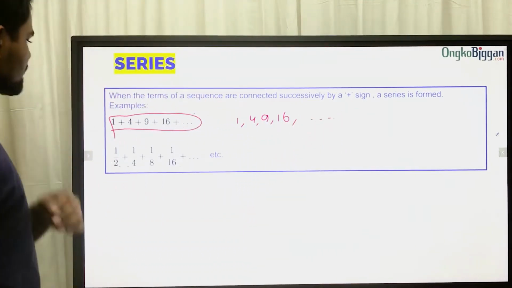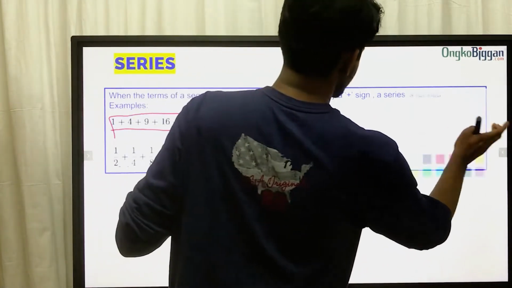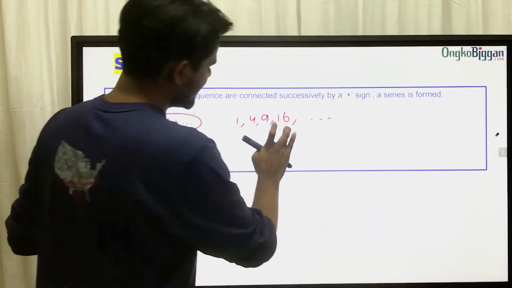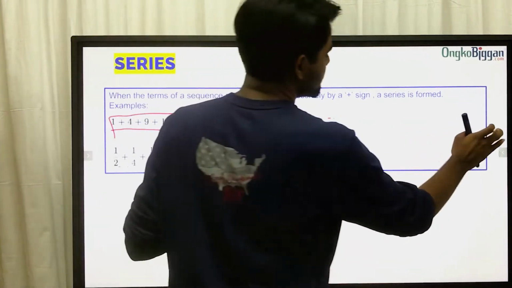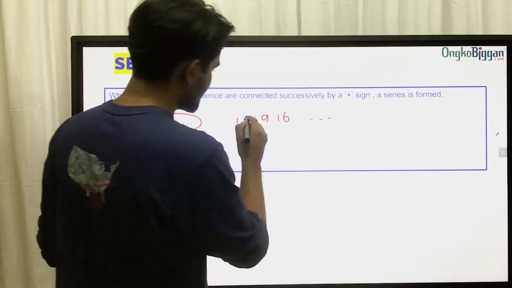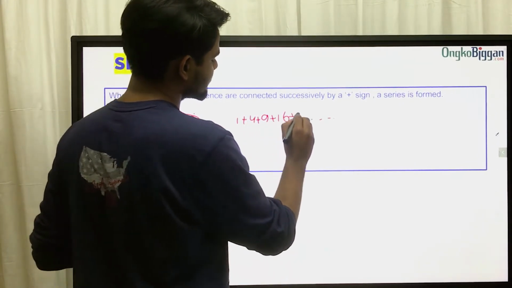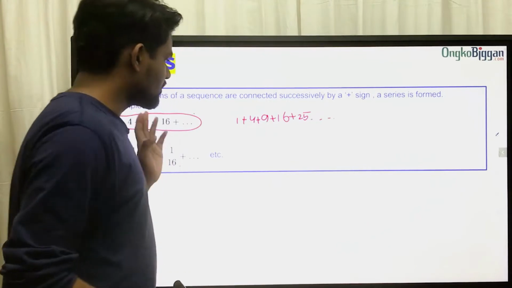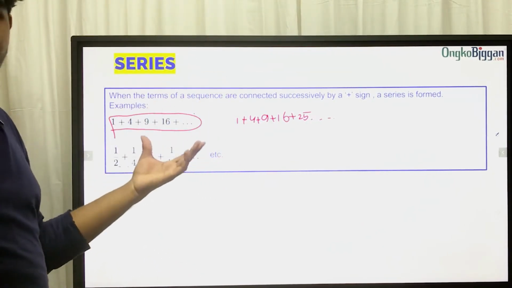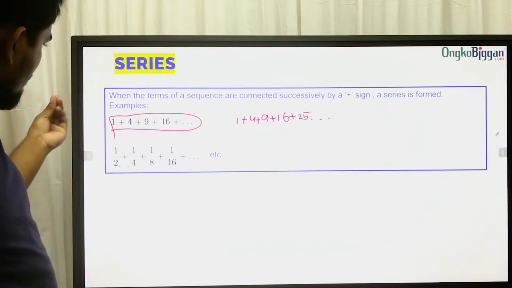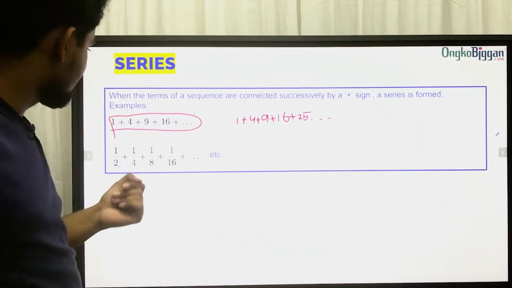Now we remove these commas and bring in plus signs, that is, add them up. So 1 plus 4 plus 9 plus 16 plus 25. We have replaced the commas with plus signs, and we have formed a series.